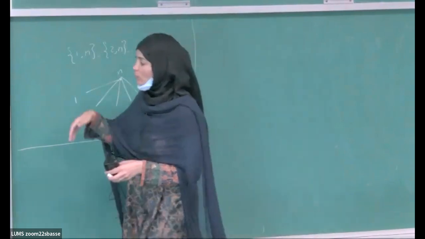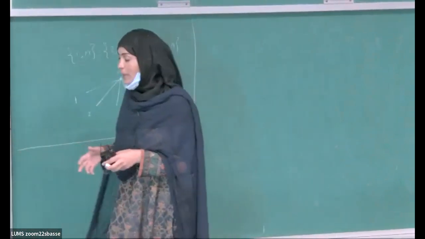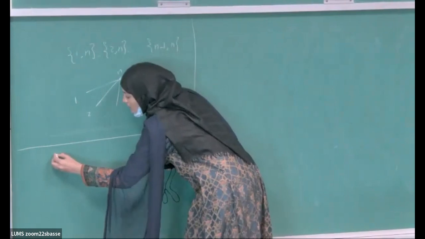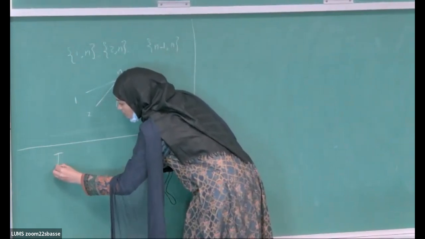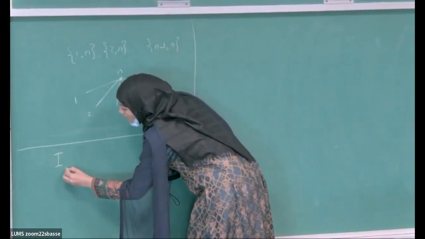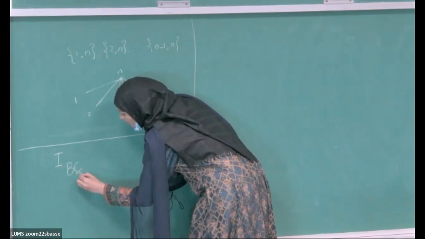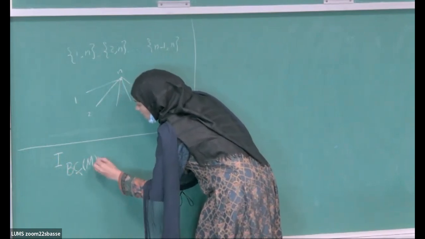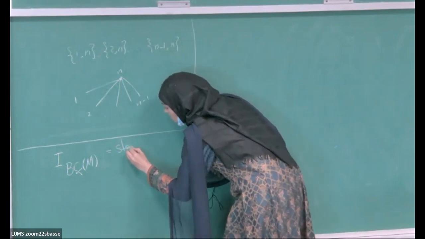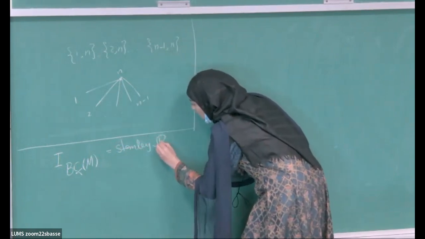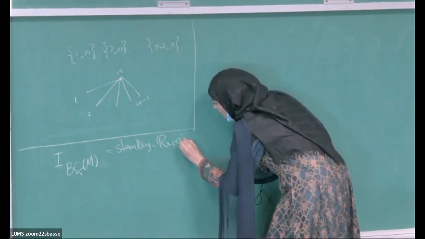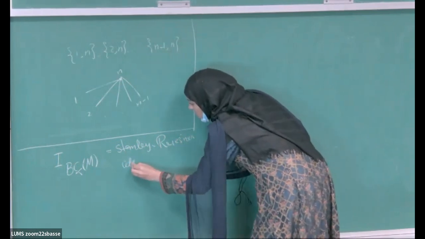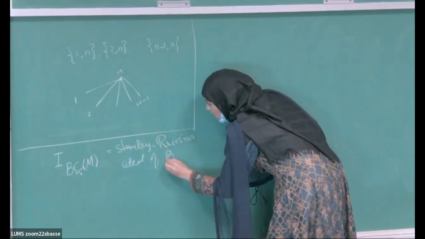So we will have a course for this simplicial complex as well, and that is called the Stanley-Reisner ideal of this one.